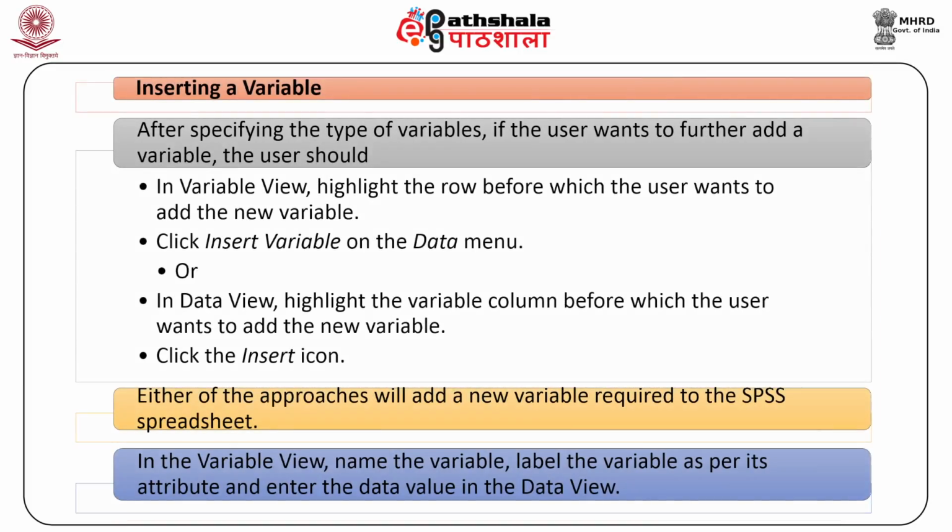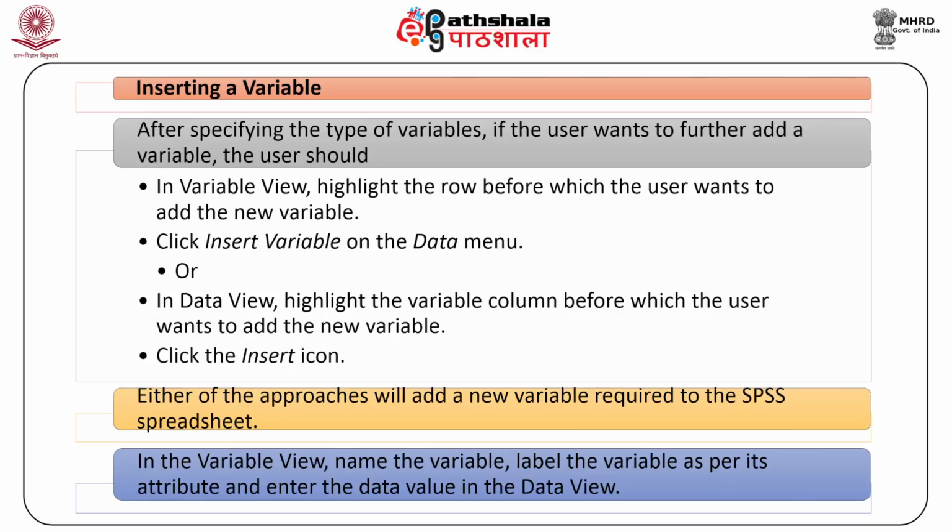Inserting a variable. After specifying the type of variables, if the user wants to further add a variable, the user should, in variable view, highlight the row before which the user wants to add the new variable and click insert variable on the data menu. Or in data view, highlight the variable column before which the user wants to add the new variable and click the insert icon.